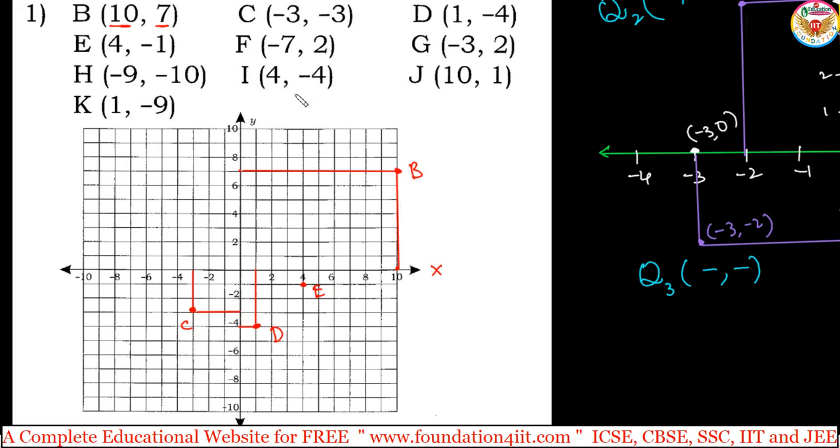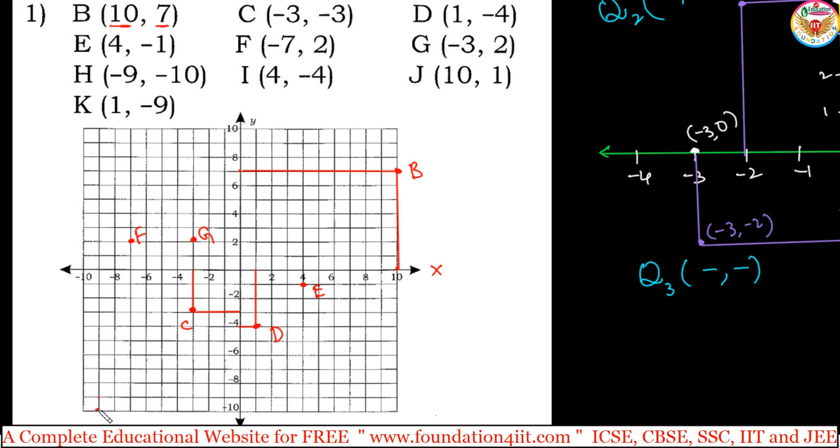Minus 7 comma 2. Minus 7 is on the x-axis here, 2 towards here. So this is F. Minus 3 comma 2. Always first the x-axis, next the y-axis. Minus 9 comma minus 10. So minus 9 is here, minus 10 towards down.